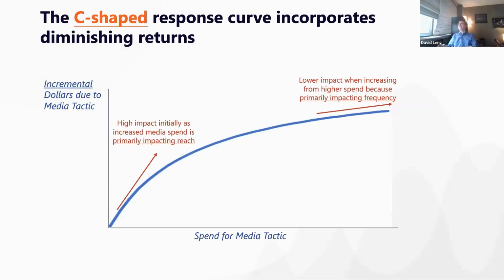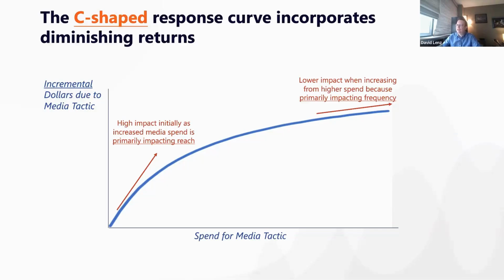Okay, so let's just start out with a common response curve, the C-shaped curve. It's called the C-shaped, so it looks like the top of the C, and incorporates diminishing returns. So it's fairly intuitive, and why do we use this? Well, we use it because we think it's how the world works. So you think of a media tactic. On the x-axis, at low levels of spend, there's a high impact initially because the media spend is primarily impacting reach, meaning we're hitting more and more people.